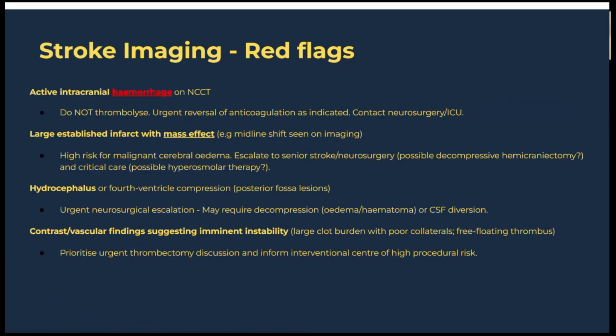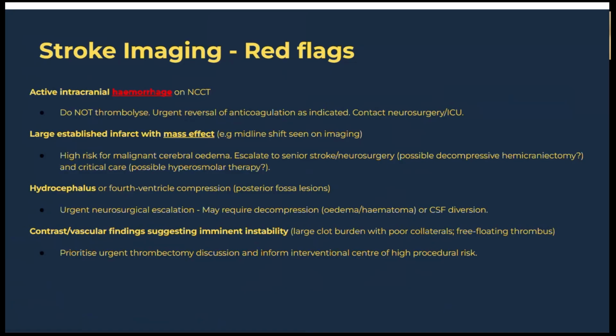If there's a large established infarct with mass effect, so you can see a visible midline shift on imaging, that's high risk for malignant cerebral edema. You need to escalate to senior stroke and neurosurgery for potential decompression, with a hemicraniectomy being one of the possible options, and critical care.